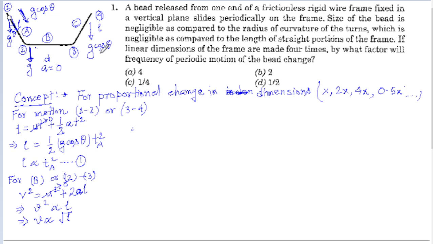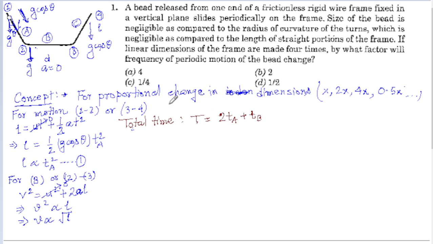So the total time can be considered as the total time taken during its motion. Let this total time be t, which is equal to 2 times TA plus TB.